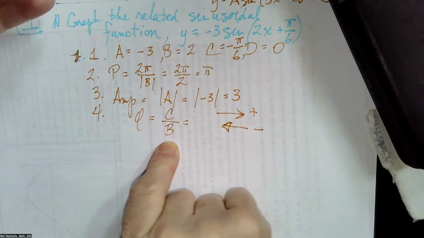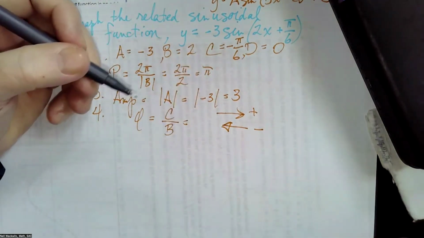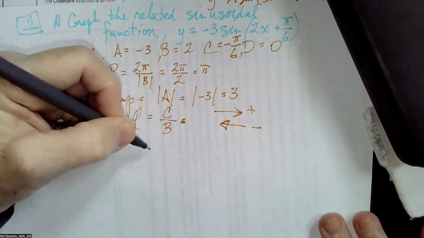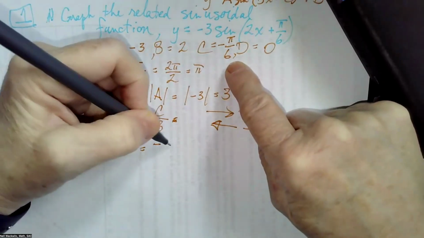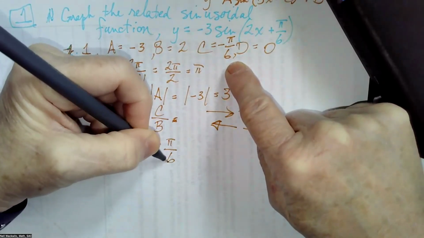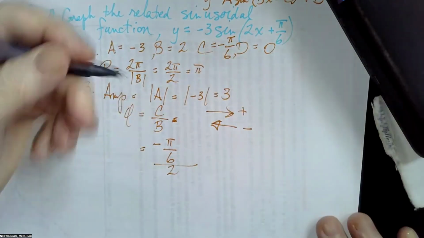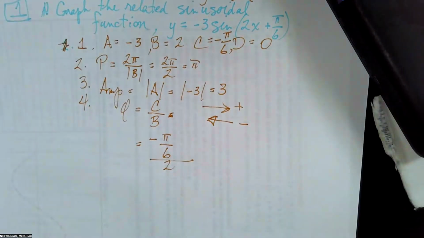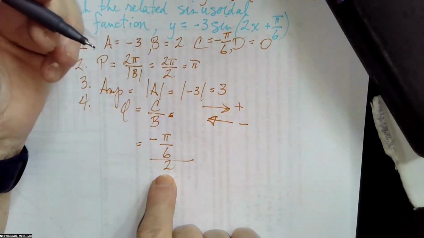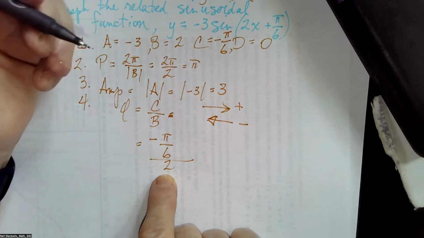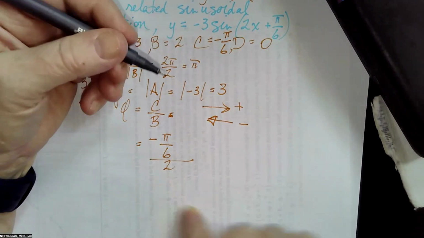This time B is 1. Oh no, B is 2. Oh, goody. Okay, so we've got negative pi over 6 divided by 2, but I'm going to use the thing that helps me out a lot. Division is the same thing as multiplication by the reciprocal.